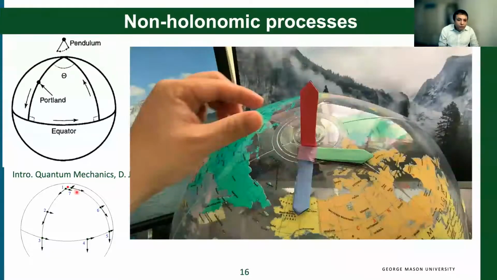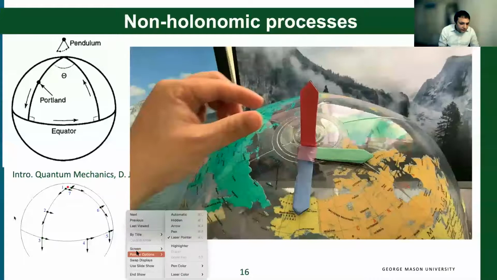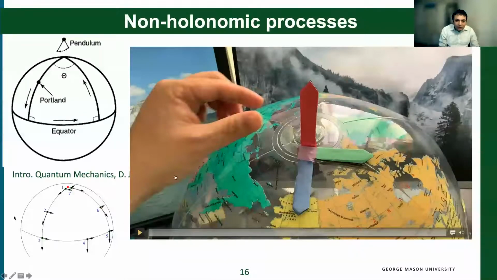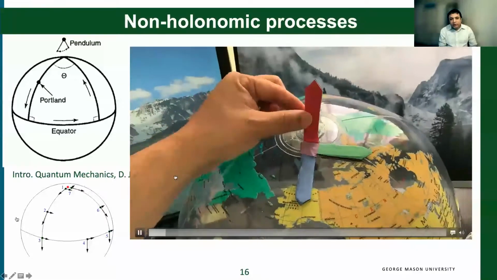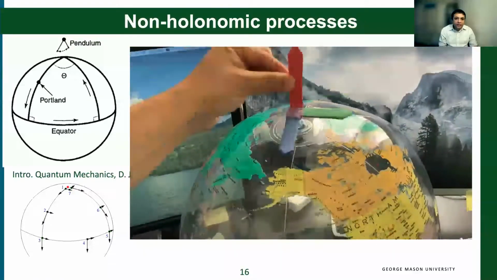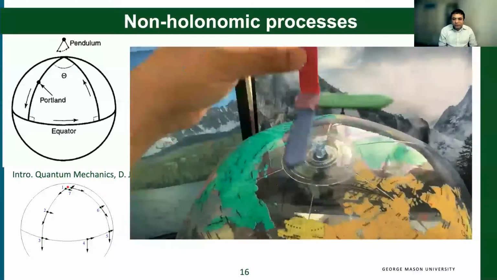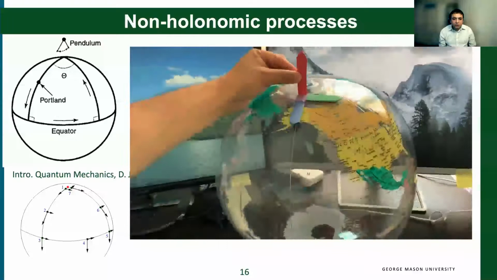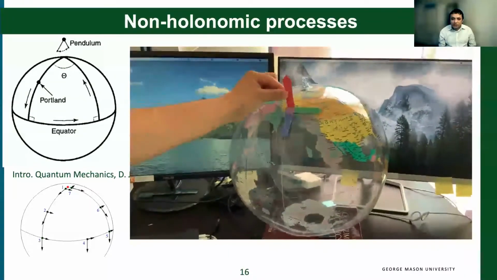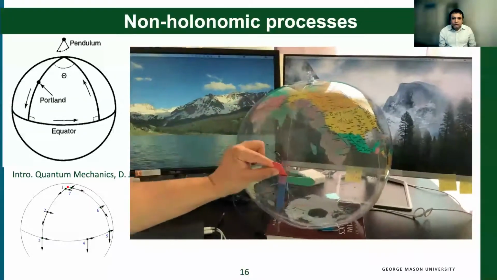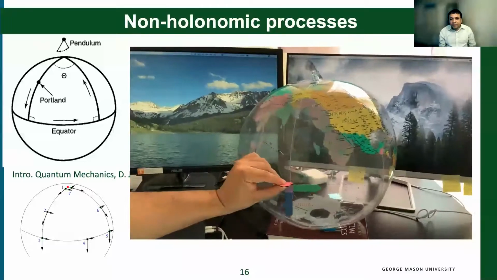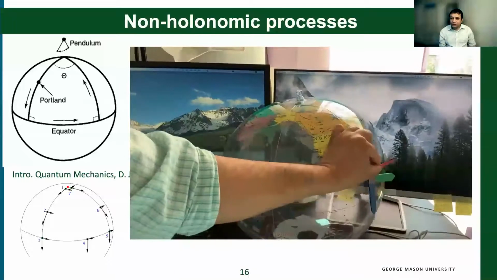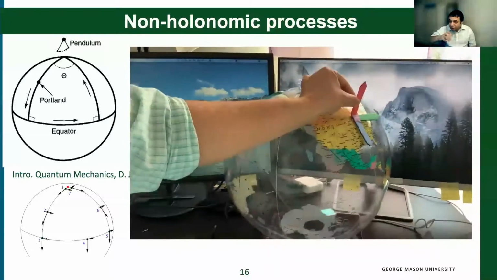So I will show you a video here that shows the same effect. What I'm doing is I'm making those arrows as a vector. And I take a globe and I will move it through the globe. I started from that original position, went to the equator, come back to the original position, without twisting and turning locally.